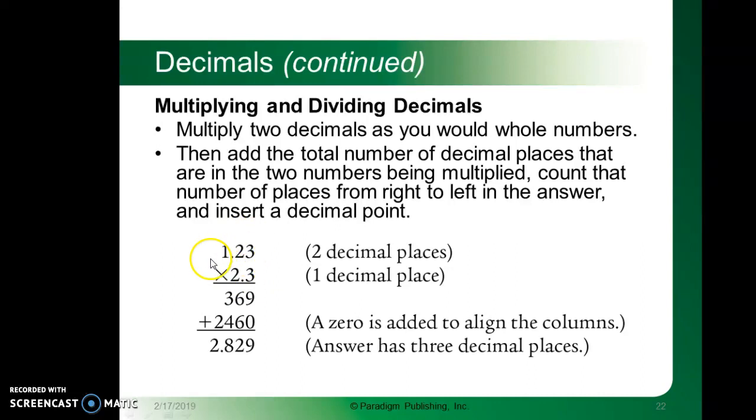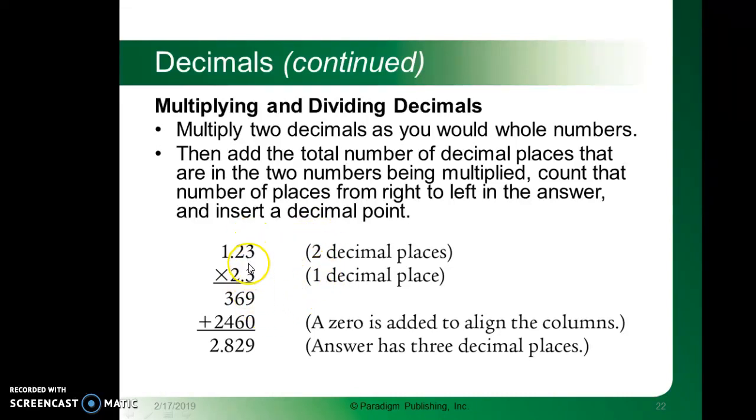You just multiply as if you were multiplying two regular numbers, and then just count the decimal places. So this one has 1, 2, and then there's that decimal. So that's 2 decimal places. In the next number, there's only 1 space and then the decimal. So that's 1. So that's going to be a total of 3 decimal places.